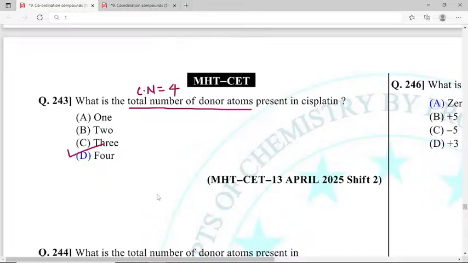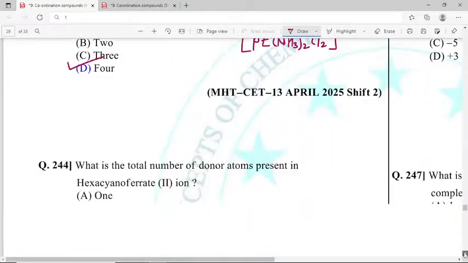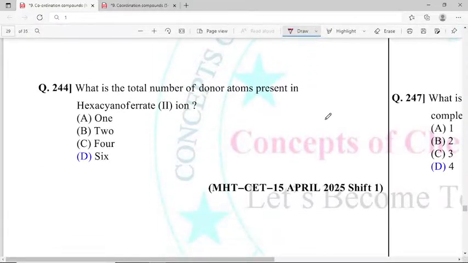Cisplatin has the formula Pt(NH3)2Cl2. Same type of question: the donor number, coordination number, present in hexacyanoferrate. Hexa stands for 6, so it has coordination number 6.